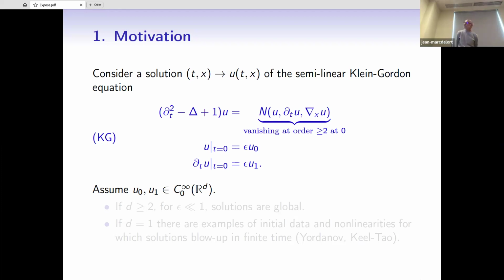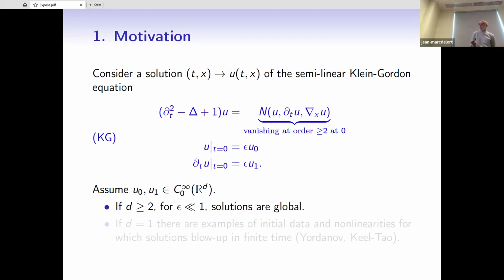So it is well known that for this problem, if the space dimension d is lower or equal to 2, for small epsilon, the solutions are global.